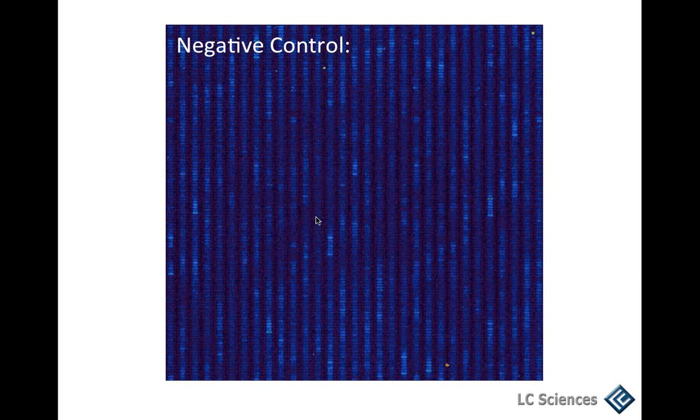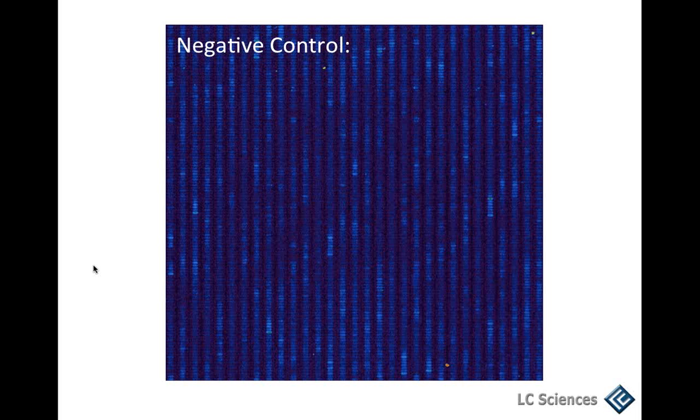So the purpose was to find the optimum antibody. And what's shown here right now is just a negative control, basically a blank chip, after probably washing it with let's say some serum or so that didn't include the antibody.